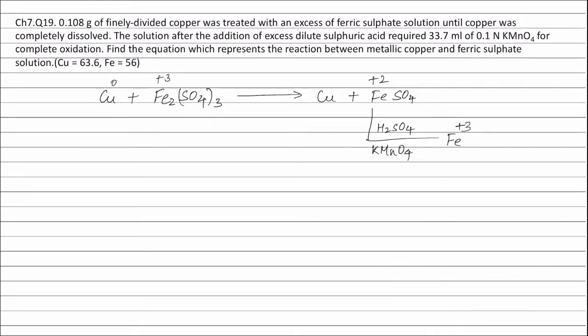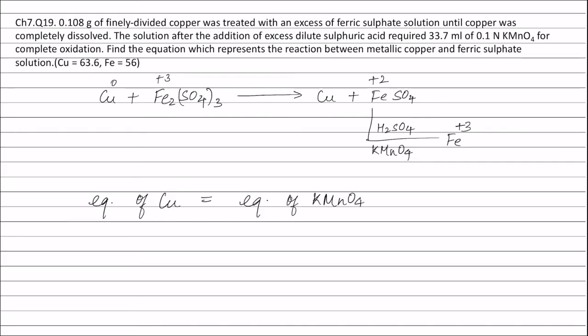Therefore, we can say that equivalents of KMnO4 will be equal to equivalents of FeSO4 and equivalents of FeSO4 is equal to equivalents of copper. Therefore, we can write equivalents of copper is equal to equivalents of KMnO4.